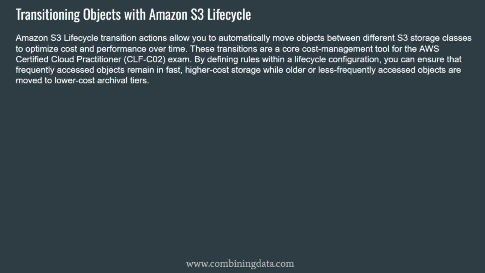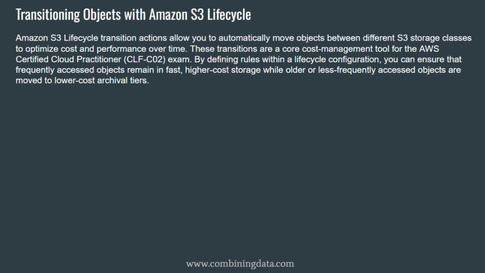Amazon S3 lifecycle transition actions exist specifically to handle this reality. They allow you to automatically move objects between S3 storage classes as those objects age, without any manual intervention. The key idea is simple: keep hot data in fast storage and move cold data to cheaper storage.